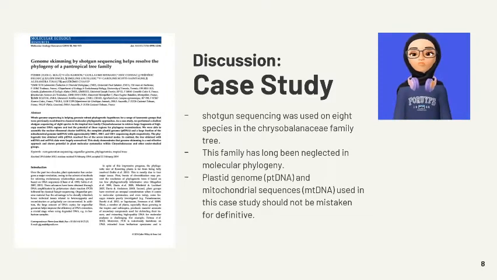The last point for the case study is that the plastid genome, ptDNA, and mitochondrial sequences, mtDNA, used in this case study should not be mistaken for definitive. That is because they ignore some of the lineage and DNA information of the Chrysobalanaceae family tree.